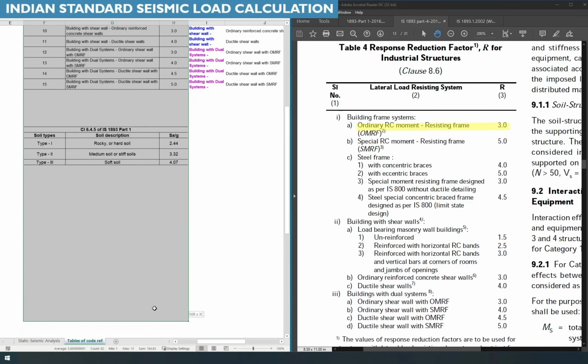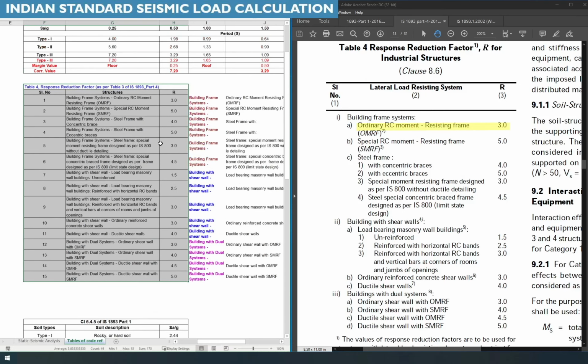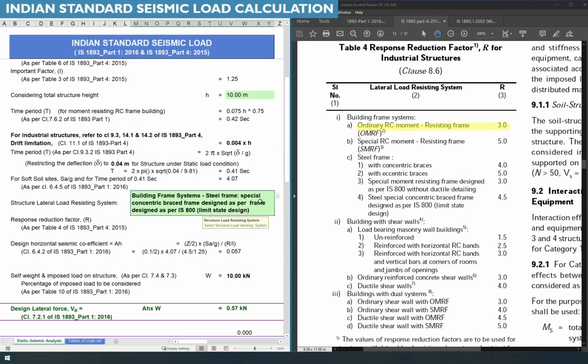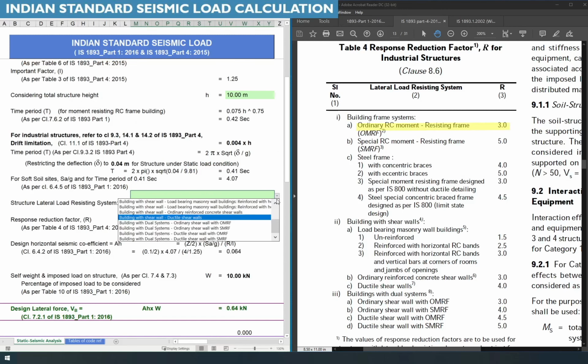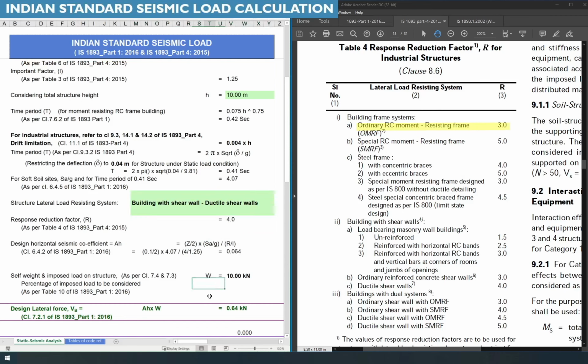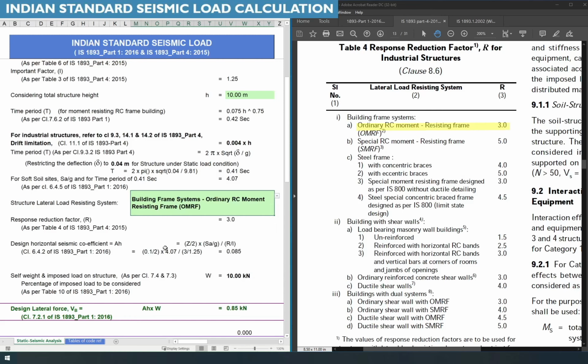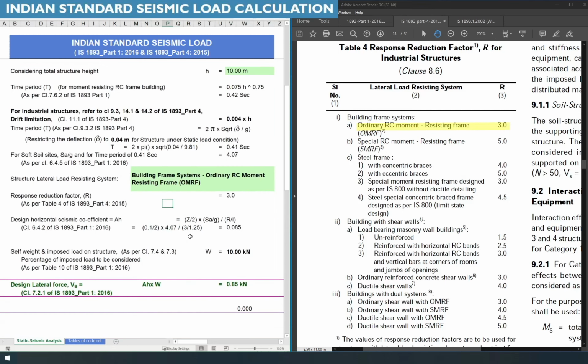These are the structural systems provided here with their response reduction factors. By selecting an ordinary or any other kind of structural system, I can get this value from the table of code reference placed here. For our calculation purpose I am considering the first one, that is the building frame system, ordinary RC moment resisting frame. The response reduction factor for the same as per Table 4 is 3.